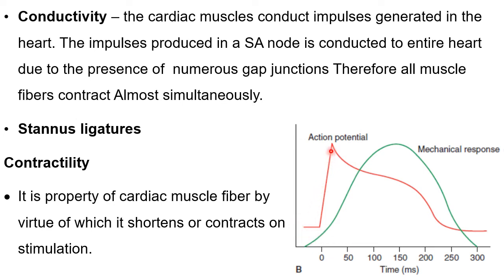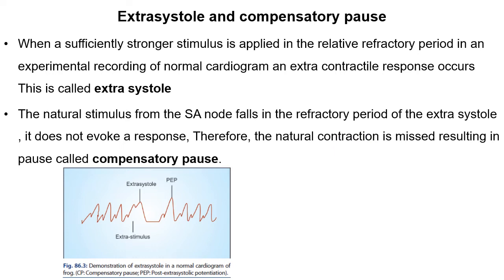So this is the cardiac action potential, which has phase 0, 1, 2, 3 and 4, and this is the mechanical activity which coincides with the electrical activity. Now, as the mechanical activity coincides with the electrical activity, that's why there is a very long refractory period, and that is the reason why the heart is non-tetanizable.